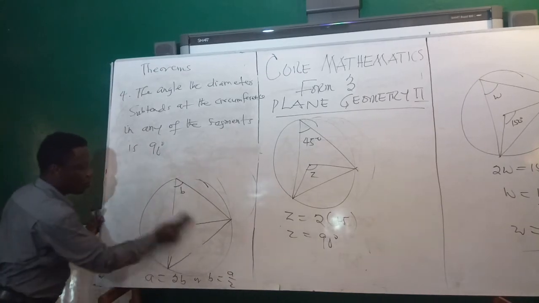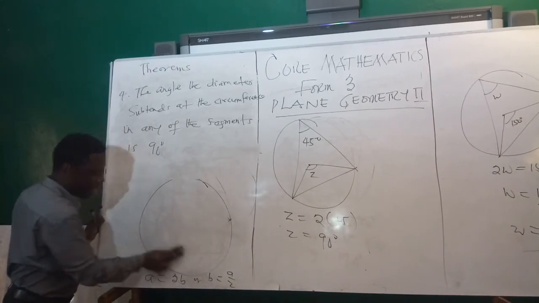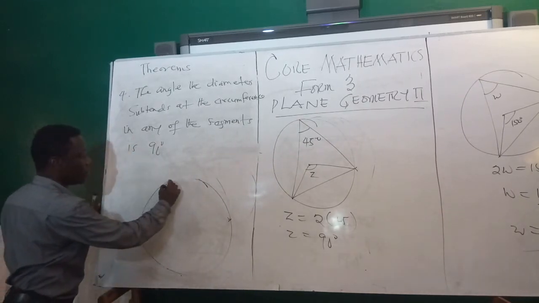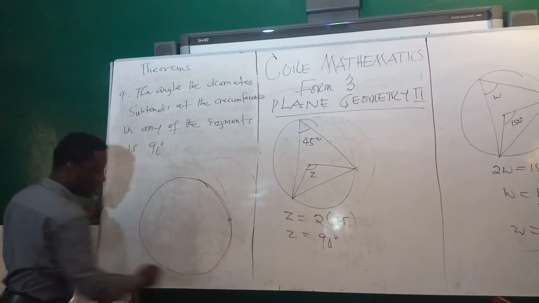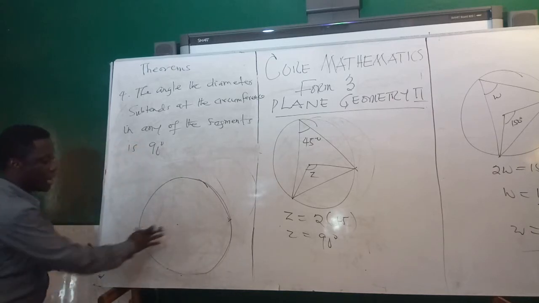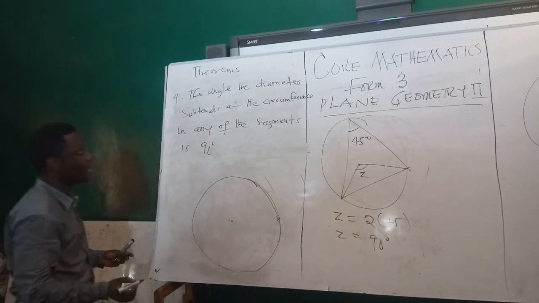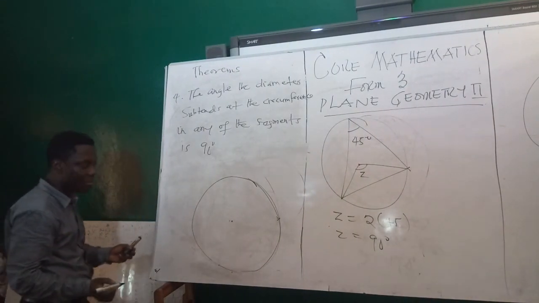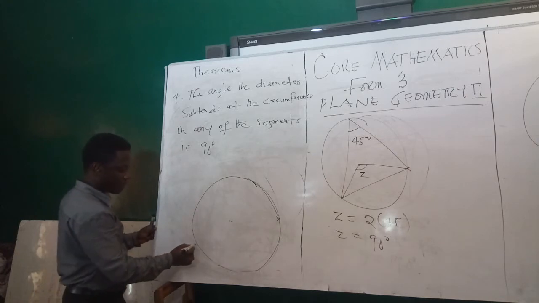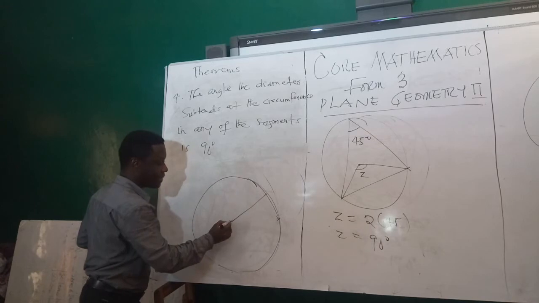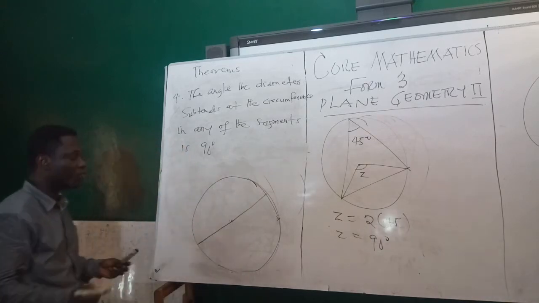So what that simply means is that if I have a circle of this nature, let me use the one I've already drawn. I have this circle, and then with a center. Remember, we have introduced a key word here, diameter, and we said the diameter is a distance or a line through the center from one point of the circumference to another.